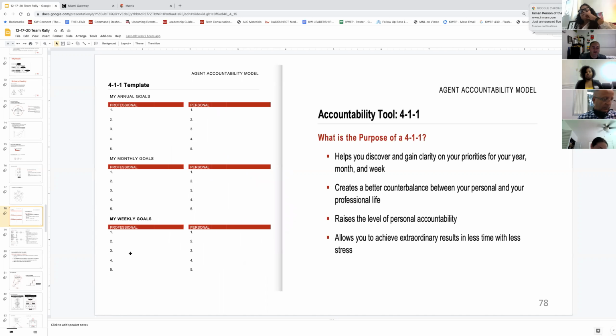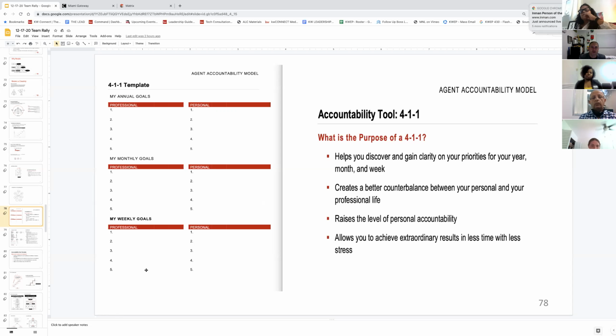Then what will I do this week to move me that much closer to my monthly goal, which will move me that much closer to my annual goal.